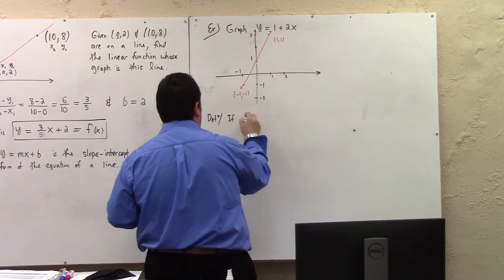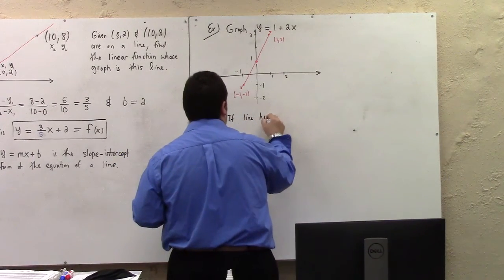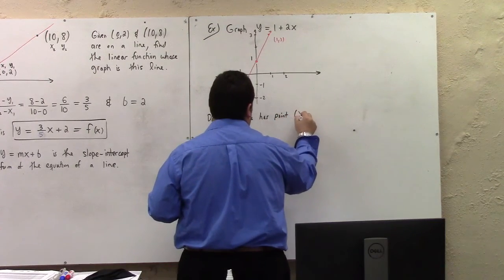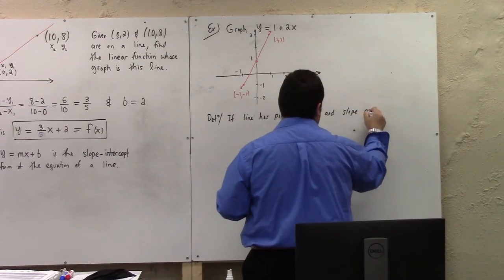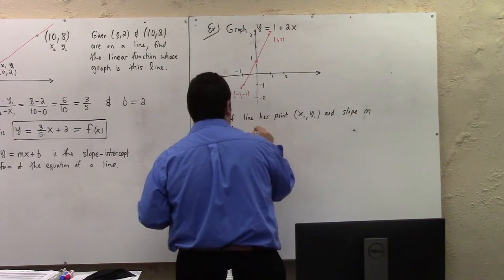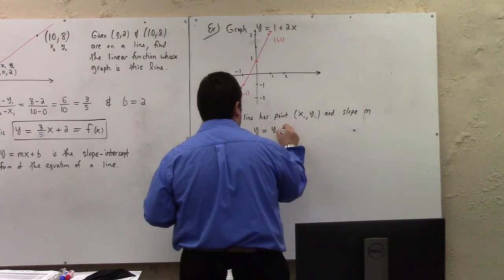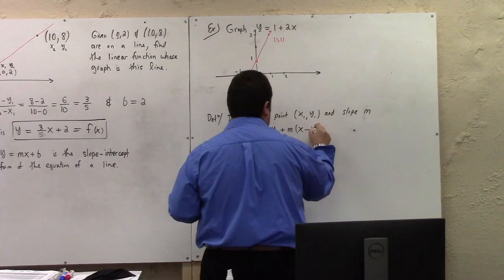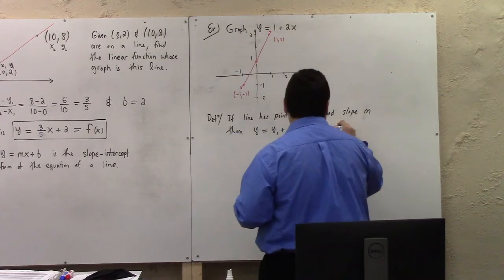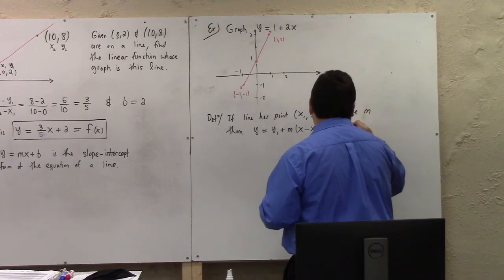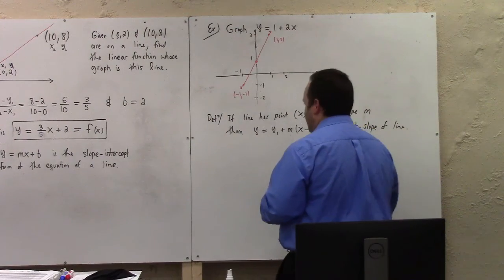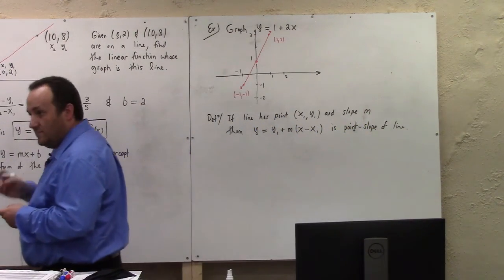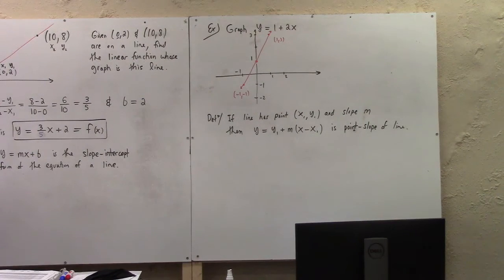If a line has point x1, y1, and slope m, then y equals y1 plus m times x minus x1 is point slope form of a line. That's another, I use this all the time. To me, that is actually more useful than slope-intercept.